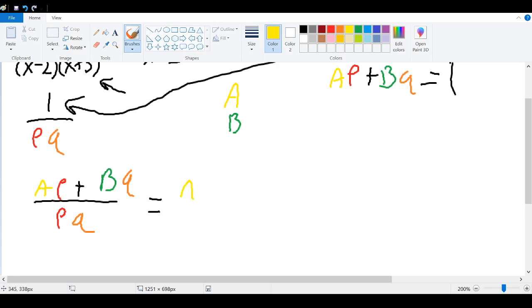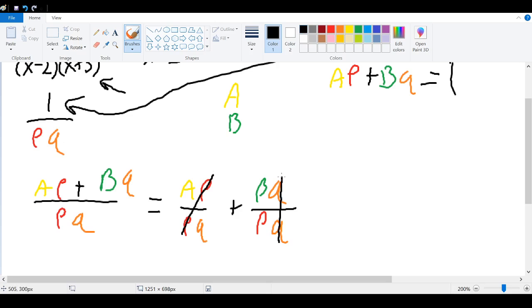So let's do that. We have AP all over PQ plus BQ over PQ. And now we can see that some things cancel.